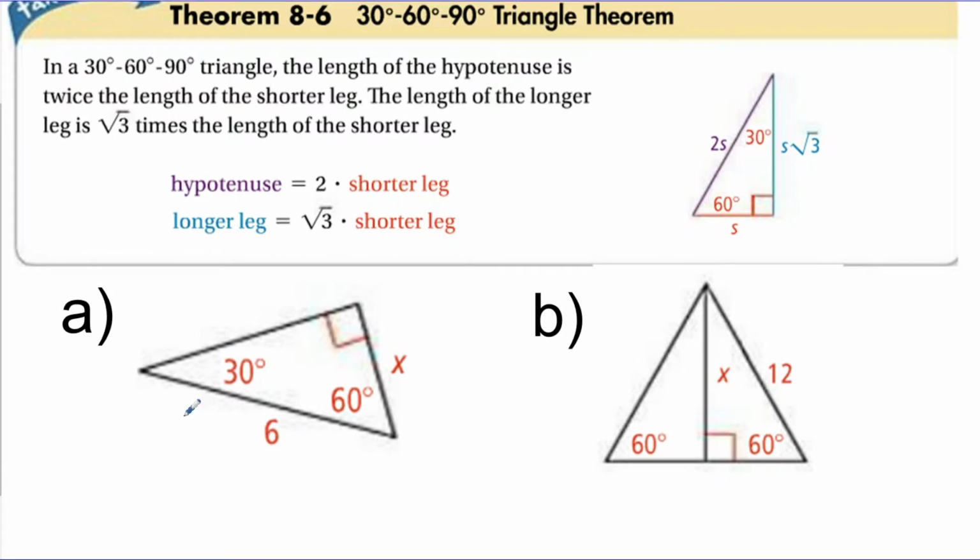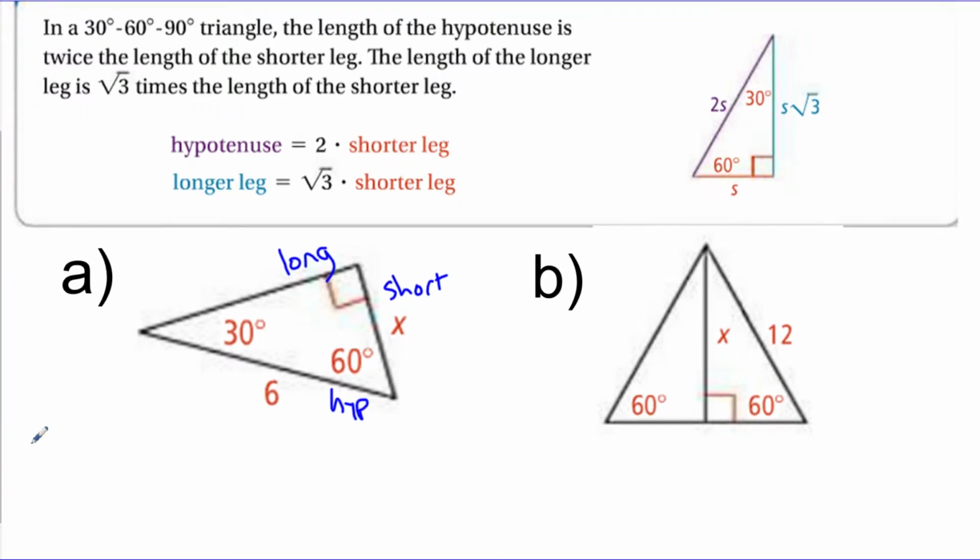Okay, so let's come down and take a look at an example of how we could apply this. In this example, across from the 30 degrees, this is what I would call the short leg. Across from the 60, this is called the long leg. And across from the 90 is called the hypotenuse. Looking at this problem, I would like to know about the short leg, and they told me about the hypotenuse.